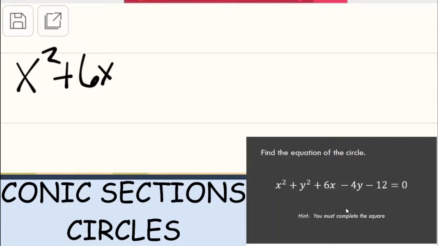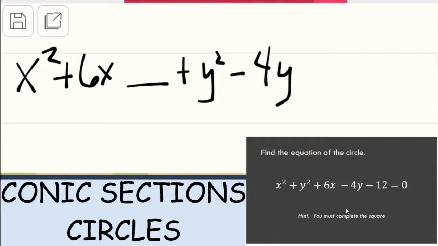And then, maglalagay tayo ng spacing dito. And then, sulat natin plus positive y squared followed by negative 4y. And then, ganun din, may spacing tayo dito.